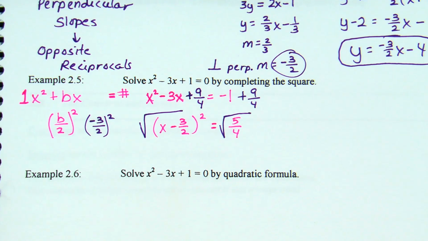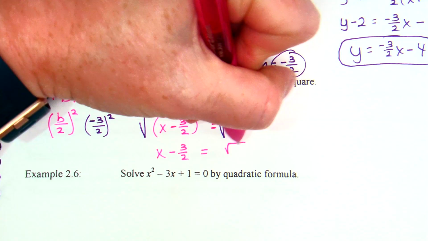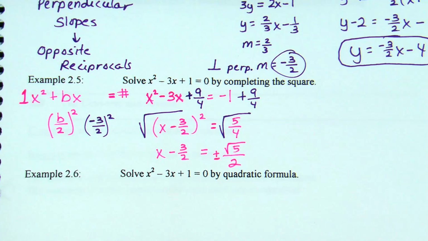Square root of x minus 3/2 quantity squared is x minus 3/2. Square root of 5/4: square root of 5 has to stay square root of 5, square root of 4 can become 2. And don't forget, because we took the square root in an equation situation, plus or minus. So x minus 3/2 equals plus or minus the square root of 5 over 2.